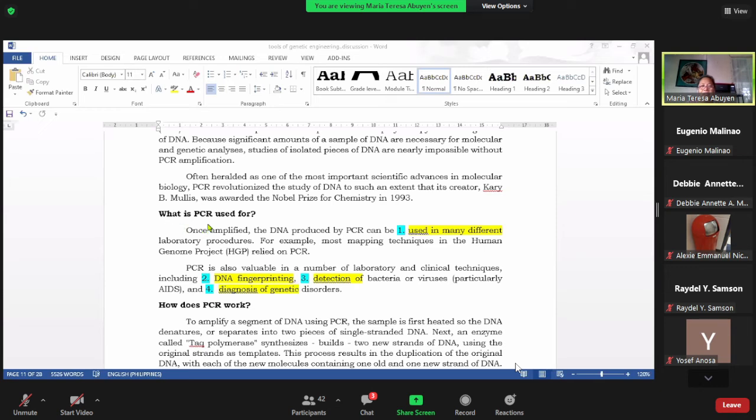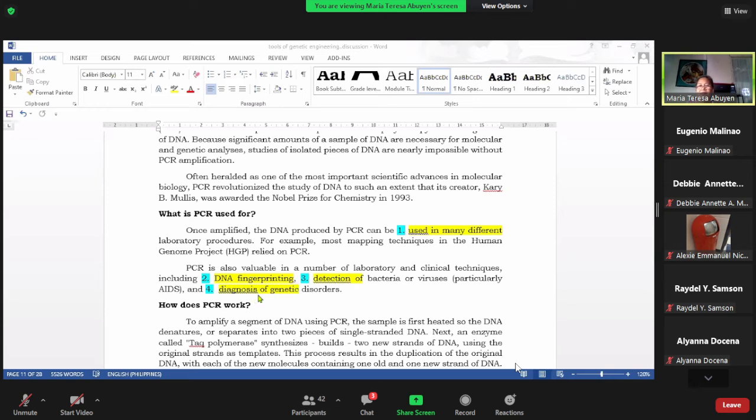So what is PCR used for? One is in laboratory procedures, DNA fingerprinting, detection of bacteria or viruses, and the last one is for the diagnosis of genetic disorders. What is a genetic disorder? Examples are Marfan syndrome, sickle cell anemia, and Down syndrome.